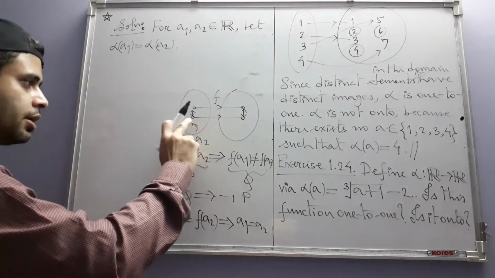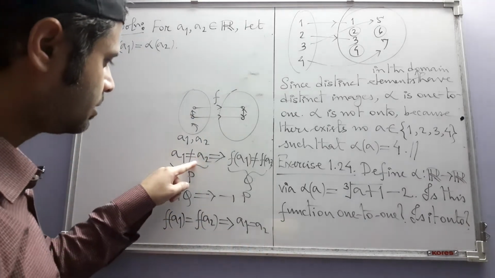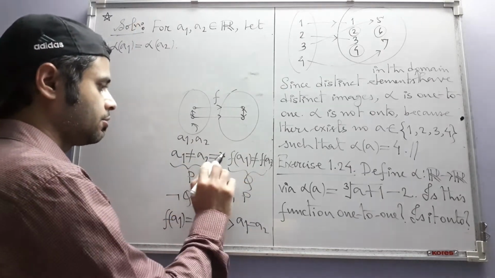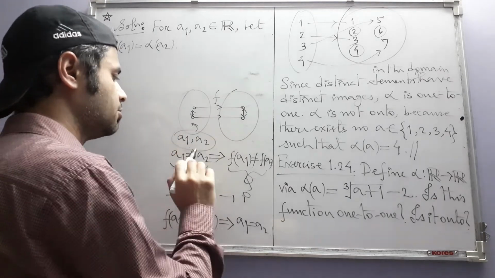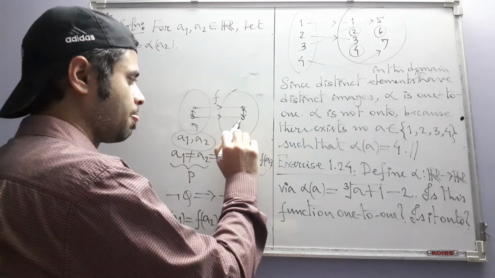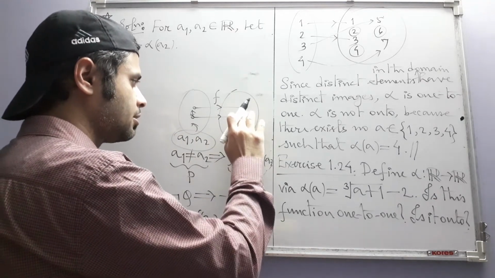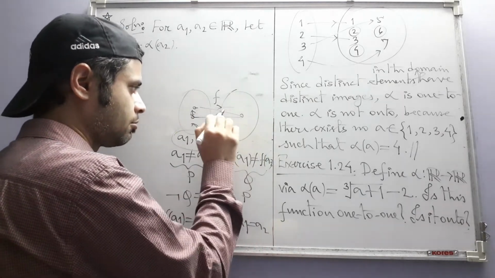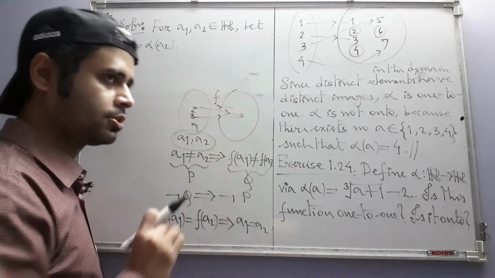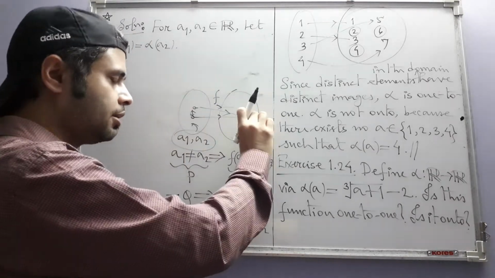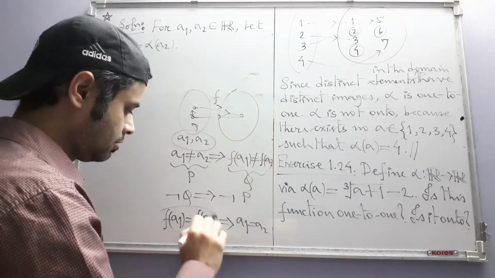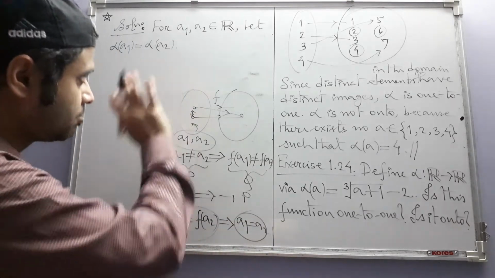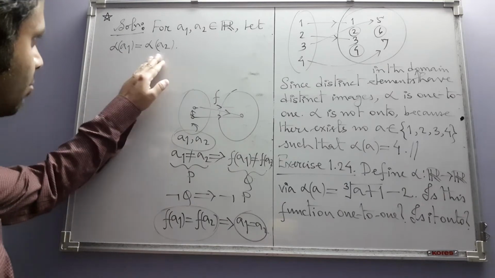That is, instead of showing that distinct inputs give you distinct outputs, you can show that for two chosen inputs in the domain, of course, if the outputs are the same, then the inputs must also be the same, because otherwise it will be a many to one function. So if this is true, then this is true. So that's what we are now going to do. That's what we have assumed.